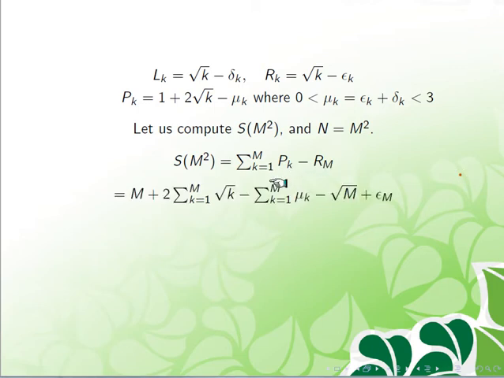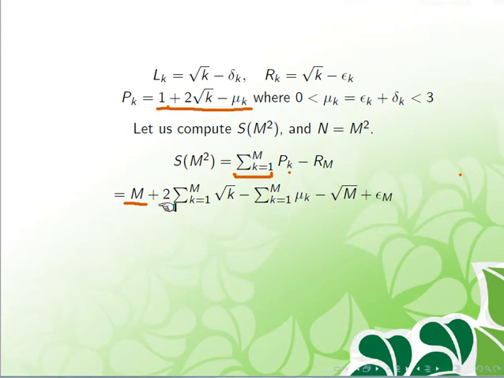Alright, so if you do that and look at this part in here, think about replacing pk, which is the count around k squared, with this one and going through the sigma from 1 through m. Of course, 1 becomes m, it's a constant, and there are m of them.